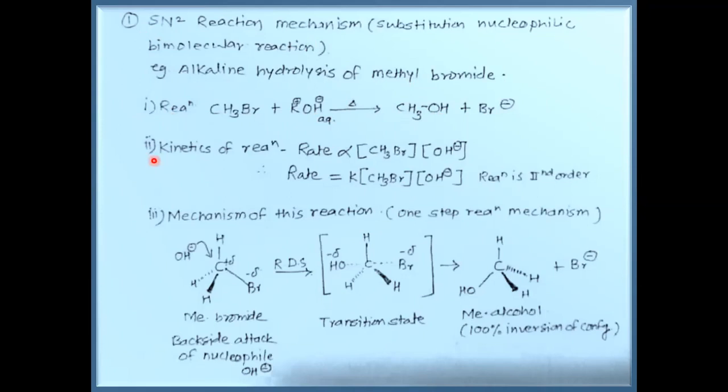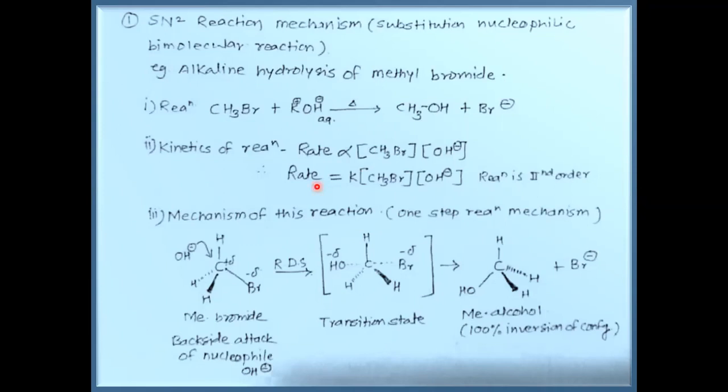Second point, kinetics of the reaction. The rate is directly proportional to the concentration of both molecules, the concentration of methyl bromide and the concentration of nucleophile. Here in alkali KOH, OH minus is the nucleophile.